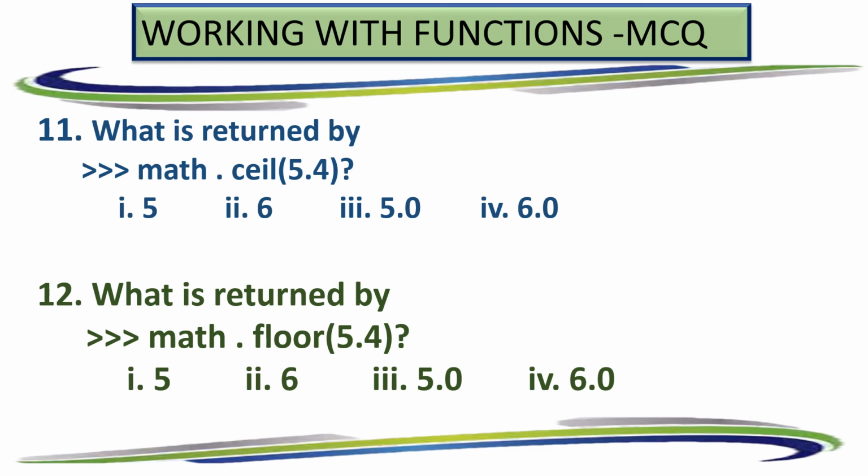I have told you it is returning an integer value. So 5.4 should round off to 6. 6 is an integer, so this is the right answer. And here 5.4 will be reduced to 5, the integer 5. So here this is the right answer.